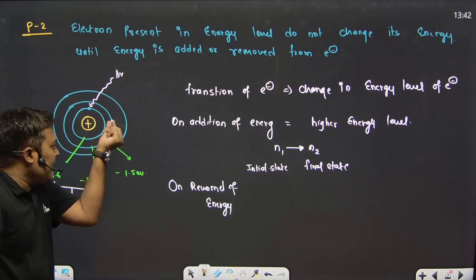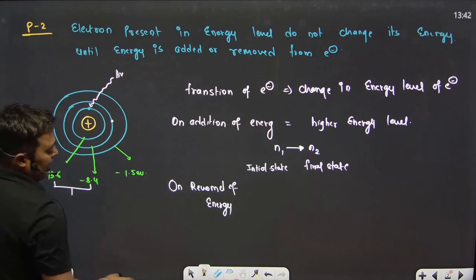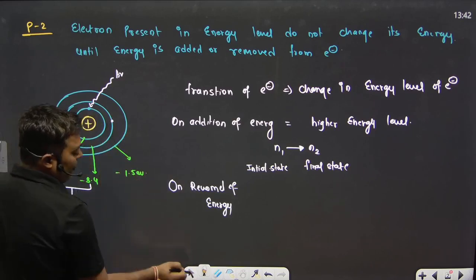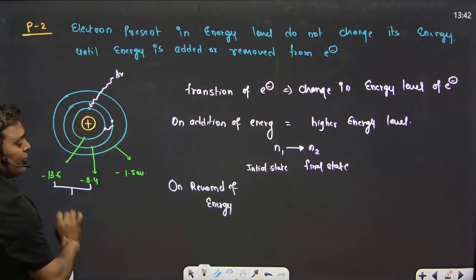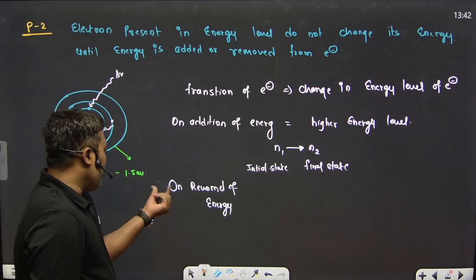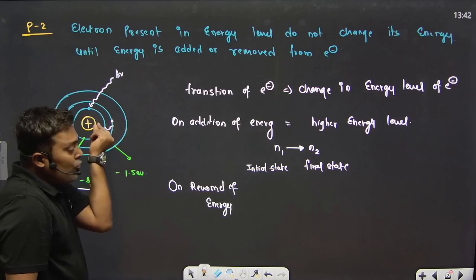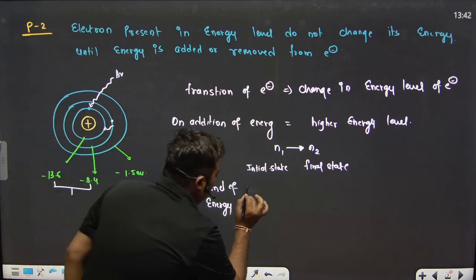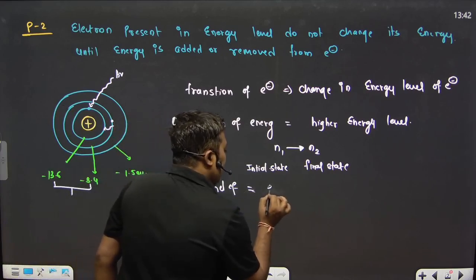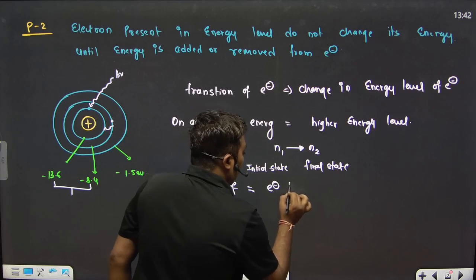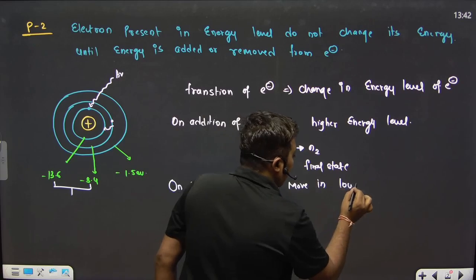If this electron is emitting energy, expelling energy, then its energy is going to decrease, and this electron is going to move from the third energy level to the second energy level to the first energy level. So what is happening here? The electron is moving from a higher energy level to a lower energy level. So we will write here, on removal of energy, the electron moves to a lower energy level.